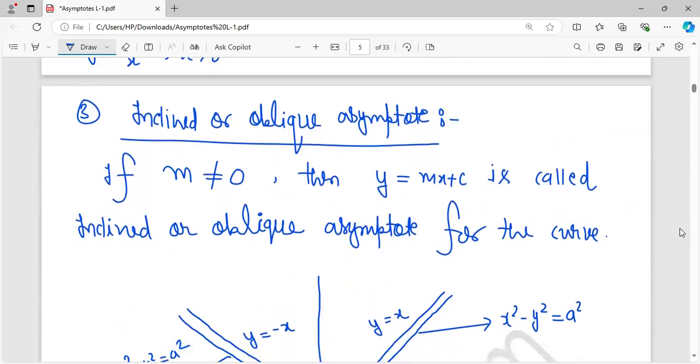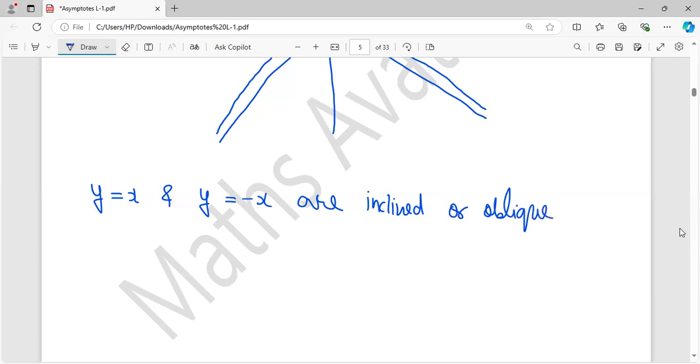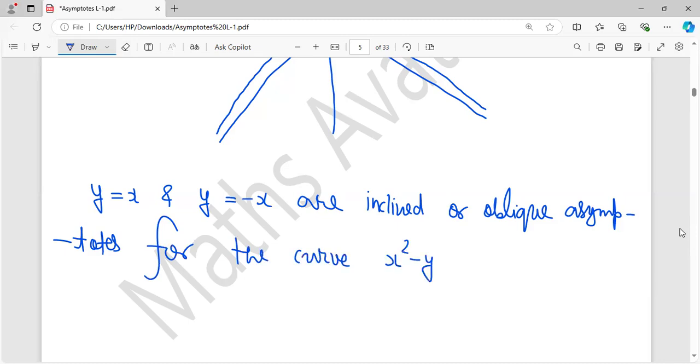Only m should be non-zero. y is equal to x and y is equal to minus x are inclined or oblique asymptotes for the curve x square minus y square is equal to a square, a is greater than 0.